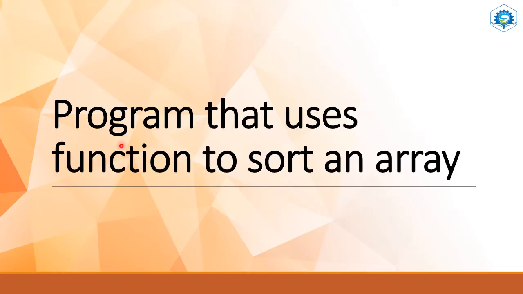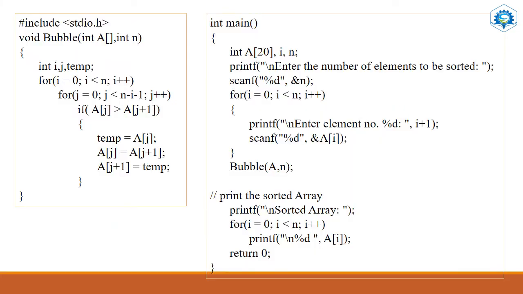Now let us discuss a program that uses a function to sort an array. We are using bubble sort in this program. Here this is the main function. Since there is no space here, I have written it in 2 sections.